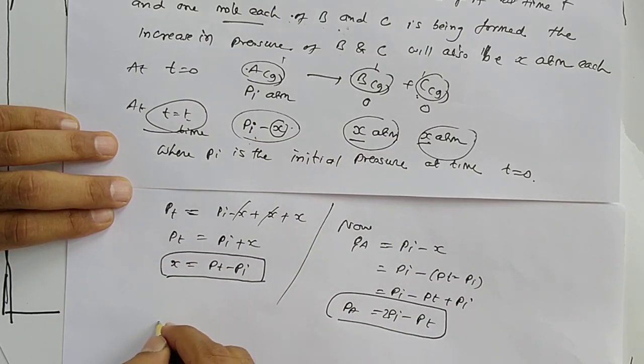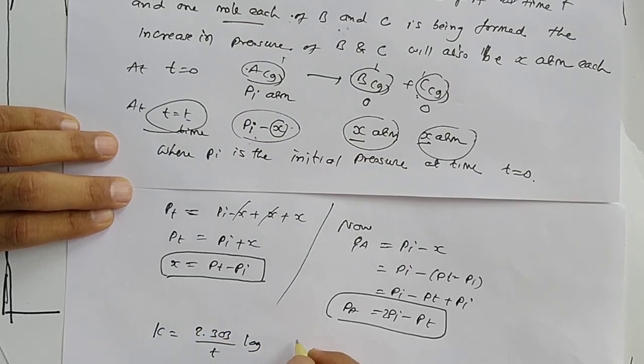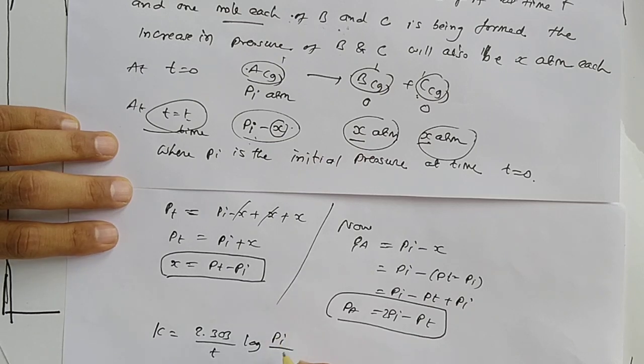So now for a first order reaction, K equals 2.303 upon T log Pi upon Pa, initial pressure. Instead of initial concentration, there should be initial pressure, and pressure at T time is Pa. So log here will be Pi upon 2 Pi minus Pt.